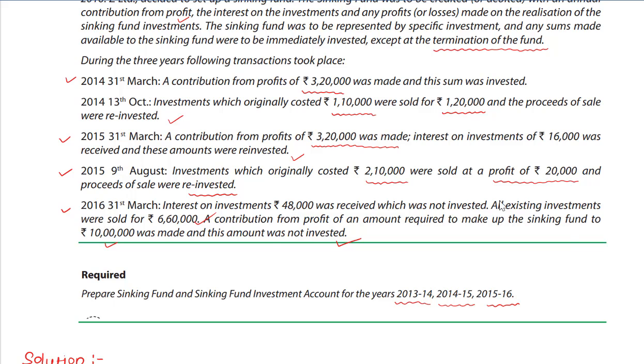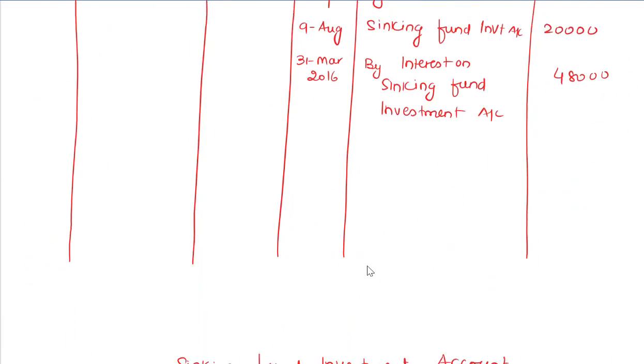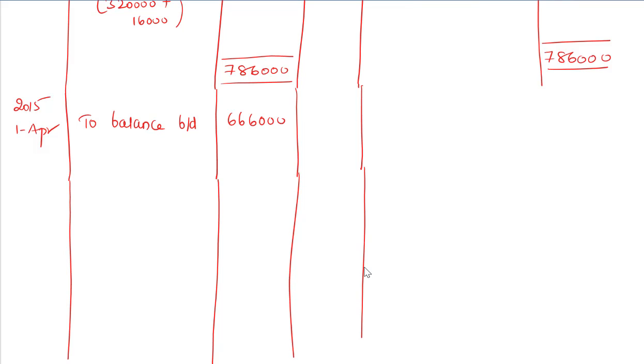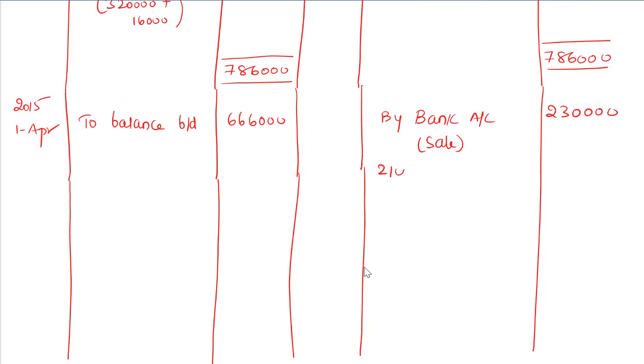So we need to record this sale of 2,10,000 plus 20,000, 2,30,000 of sale, and then we have to record the profit of 20,000. So by bank sale, 2,30,000.